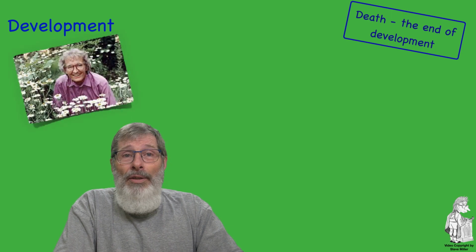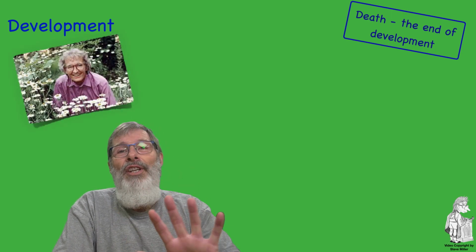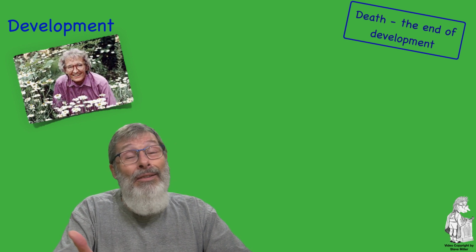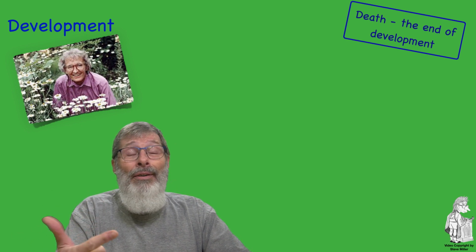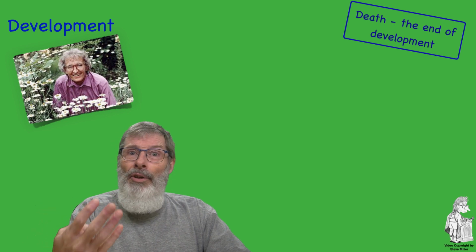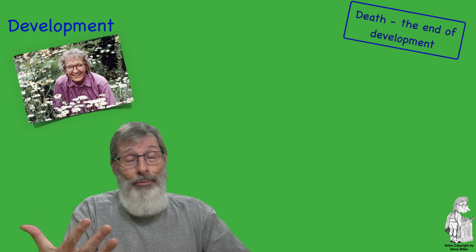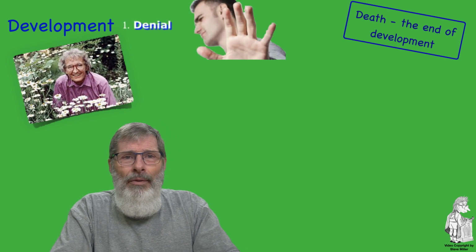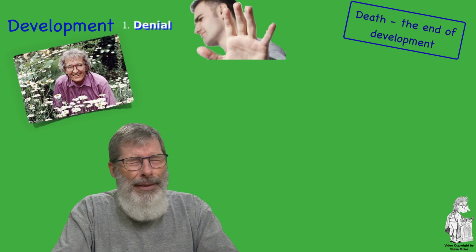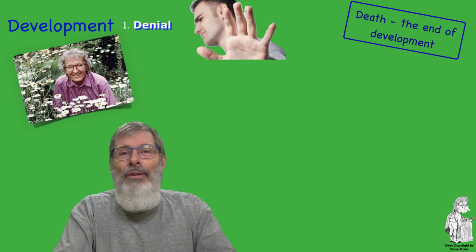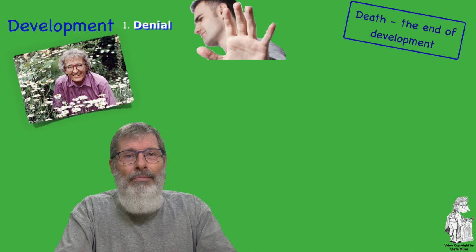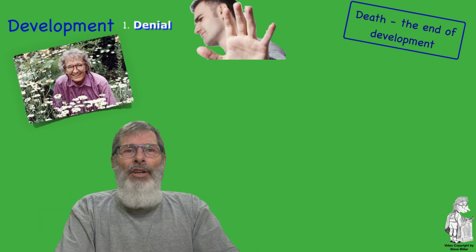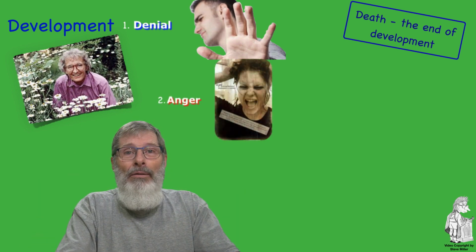Elizabeth Kubler-Ross identified 5 stages of coming to terms with death: denial, anger, bargaining, depression, acceptance. Let's look at them. 1, denial. This is the shock, the disbelief that this is somehow not right. That can't be possible. 2, anger, like, why me?